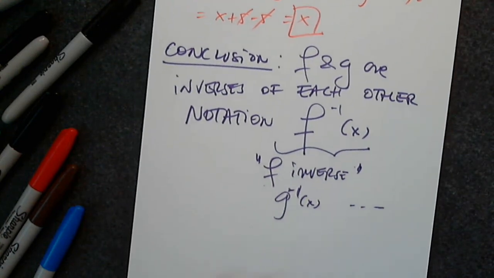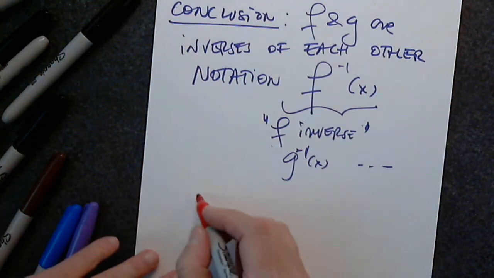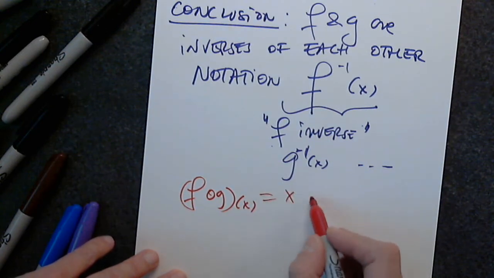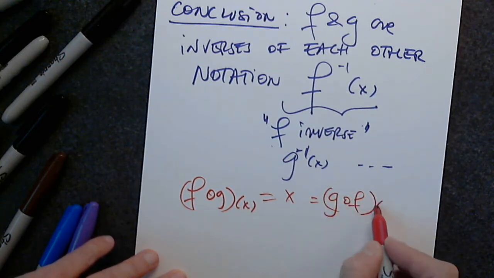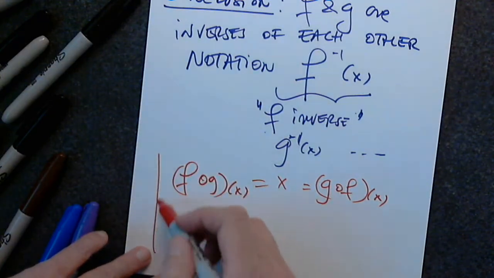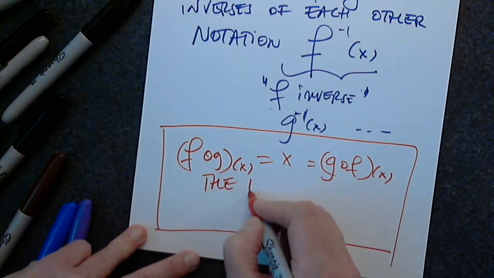So now, we just looked at an example in which f comp g and g comp f both equaled x. This is what's called the property of inverse functions.